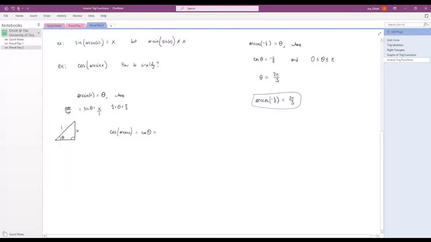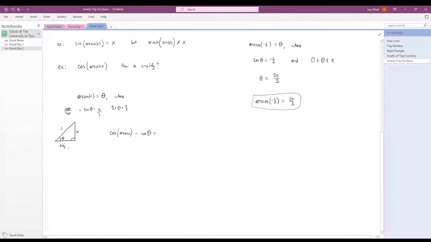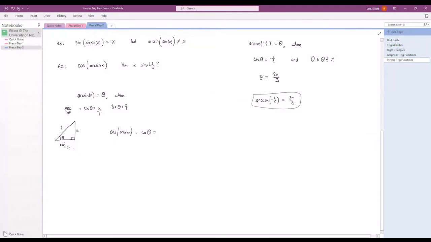So I know that cosine should be the adjacent over the hypotenuse. And we can figure out the adjacent side by using the Pythagorean Theorem. So the adjacent squared plus x squared would need to be equal to 1. So if you subtract the x squared over and then take the square root, you get that the adjacent has a length of square root of 1 minus x squared.